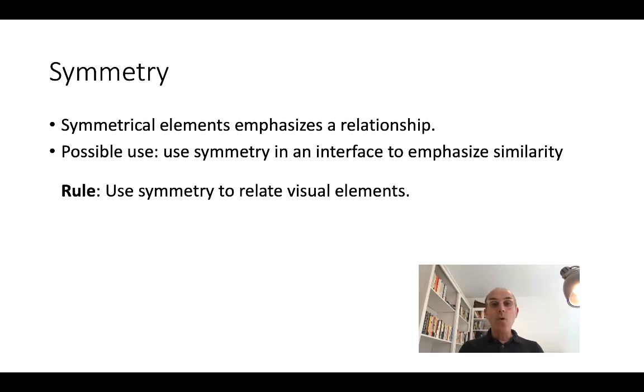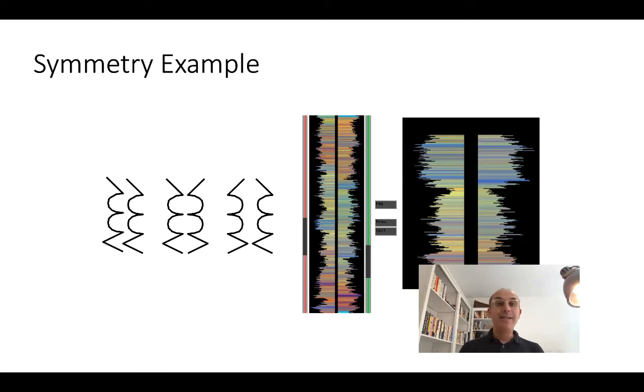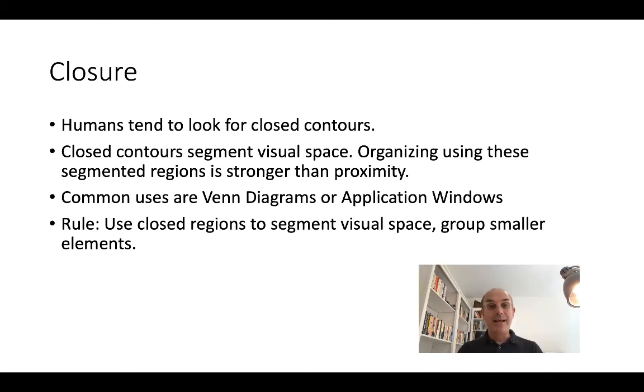Symmetry is another way to emphasize relationship. Use symmetry to relate visual elements. This is an example where we will see how to apply it and what it does in that sense. Closure is another way. You may look for closure in a lot of senses. When we read a book, we talk about closure of the character or the narrative, but we also have that in visualization.